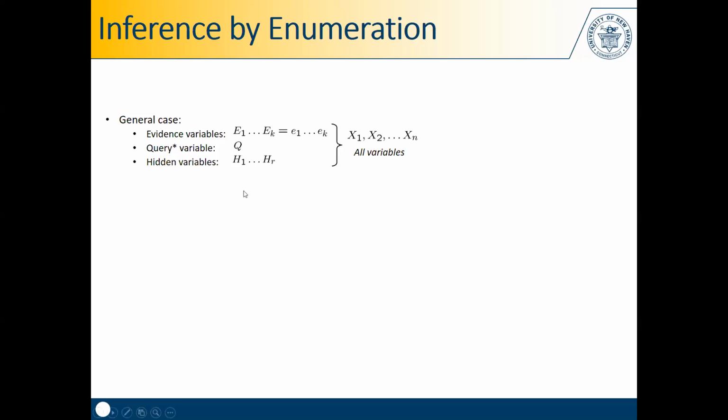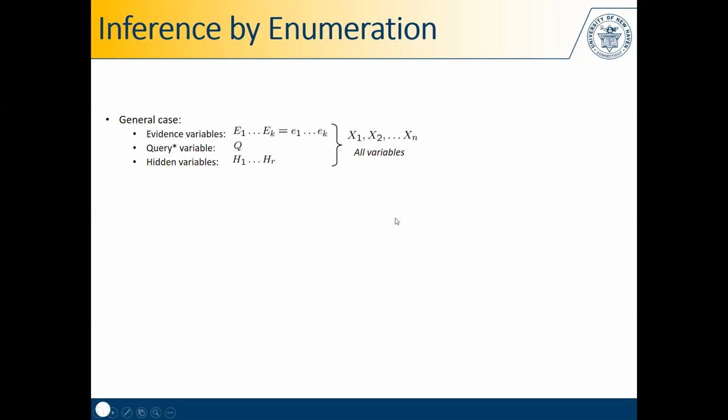These hidden variables may help in finding a relationship between the evidence variables and the query variable. But in general, since the doctor, or in the general case, the agent, does not have access to them, we have to find a way to perform our inference without relying on these hidden variables.